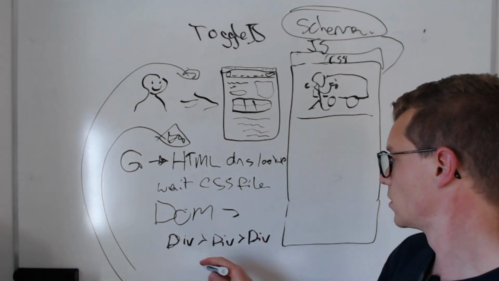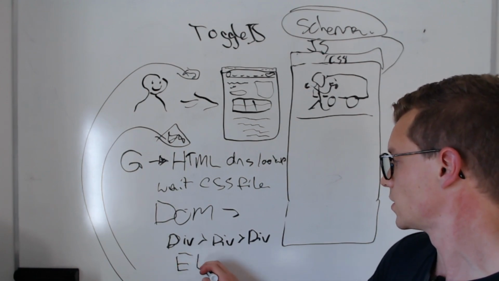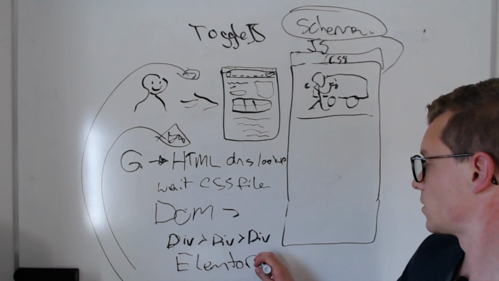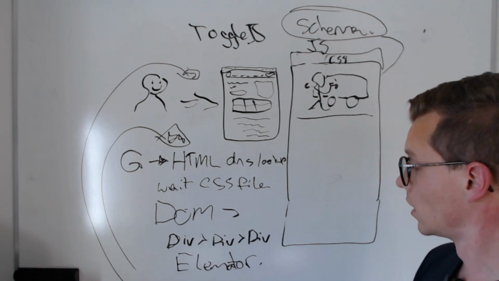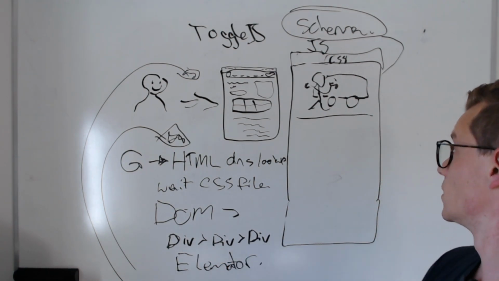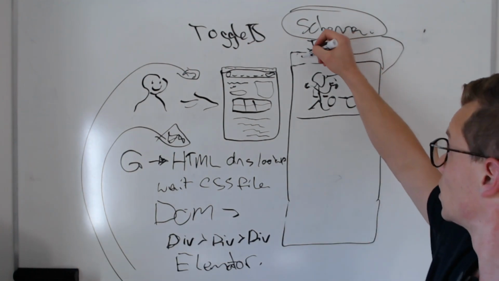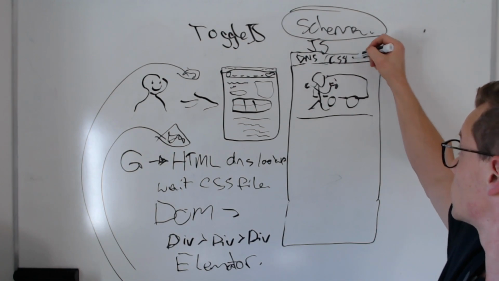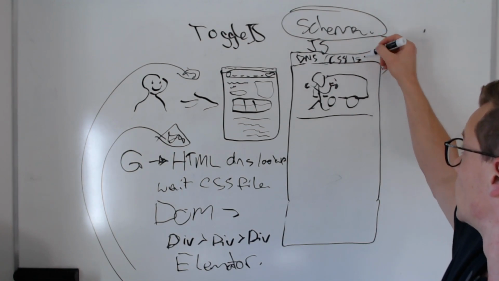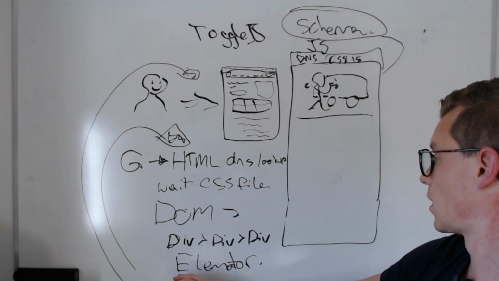And then Elementor does all kinds of inline styles. So imagine this. You've got inline styles, so you're loading a style sheet. You look up the DNS of that style sheet, or say there's like 15 or 20 of them that you have to look up. So that delays the time.